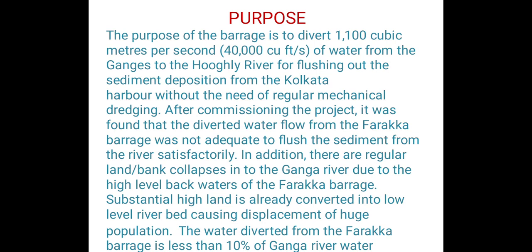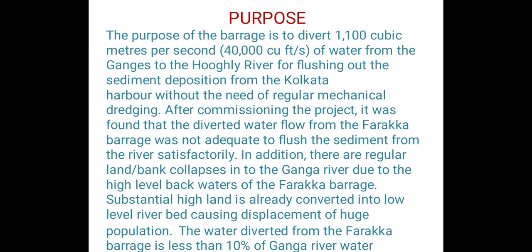Purpose of barrage. The purpose of the barrage is to divert 1100 cubic meters per second of water from the Ganges to the Hooghly River for flushing out the sediment deposition from the Kolkata harbour without the need of regular mechanical dredging. After commissioning the project, it was found that the diverted water flow from the Farakka barrage was not adequate to flush the sediment from the river satisfactorily.